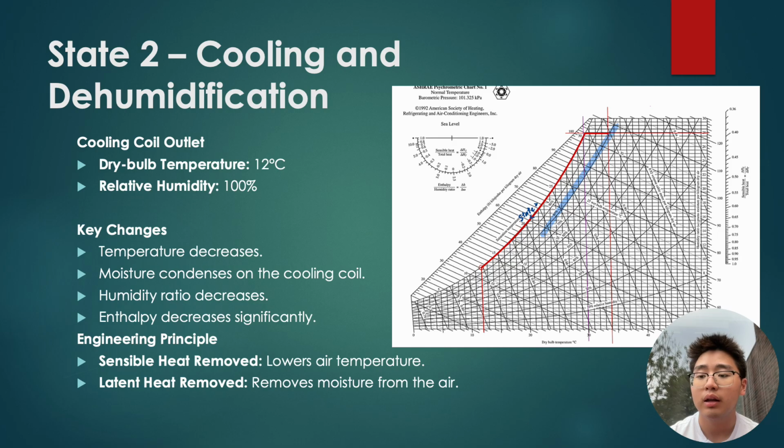As a result, the air temperature, humidity ratio, and specific enthalpy all decrease significantly. This stage is the most energy intensive part of the HVAC system because it is responsible for cooling the air and removing excess moisture.